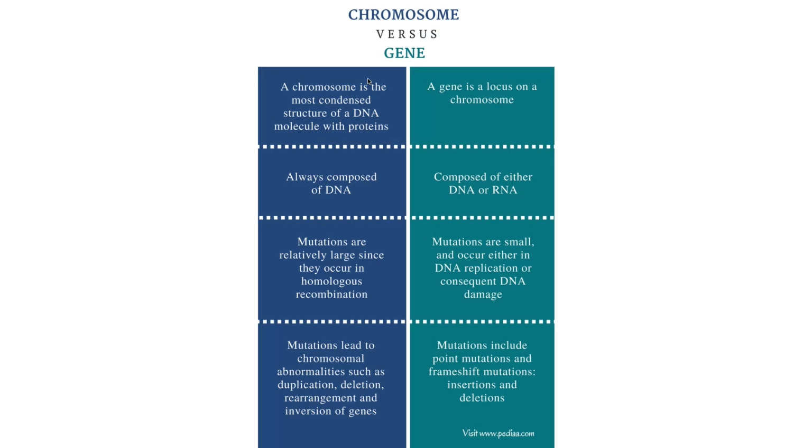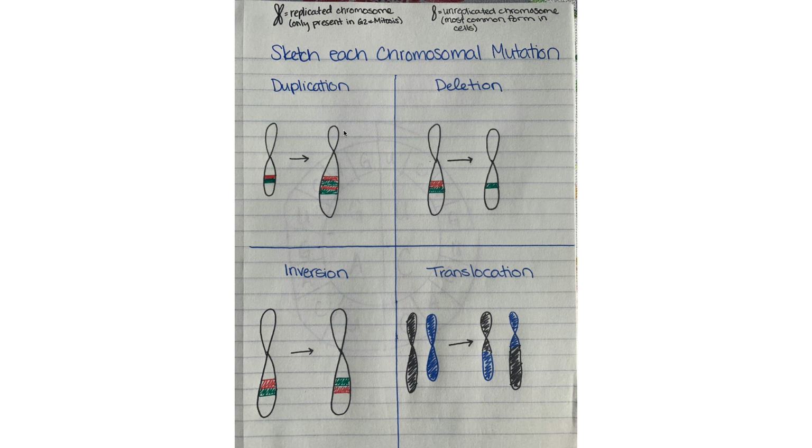So in my drawing, I drew unreplicated chromosomes so that you could see those. They were the same ones that were drawn by the Amoeba Sisters for us. So keep in mind, you could do this if it was replicated, but you're just going to draw everything twice. So unreplicated is best.